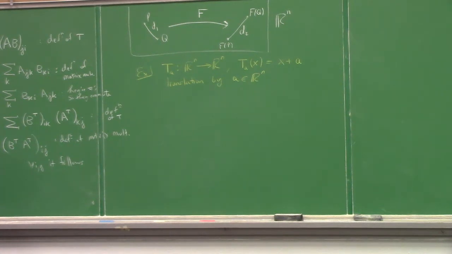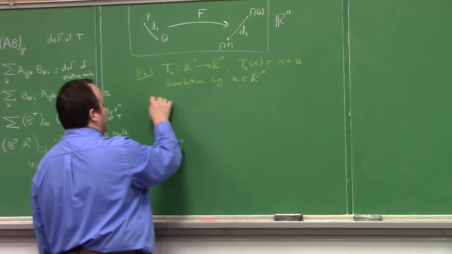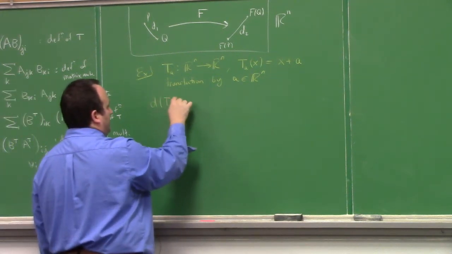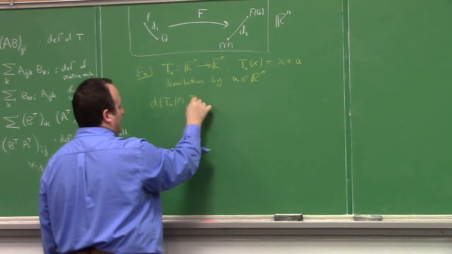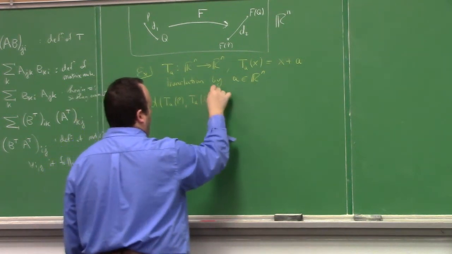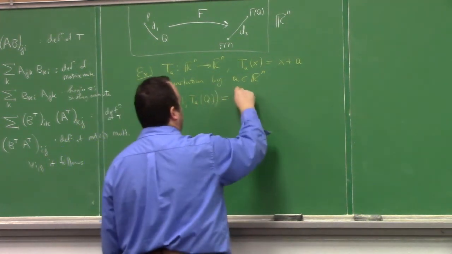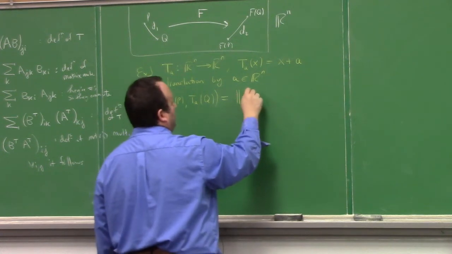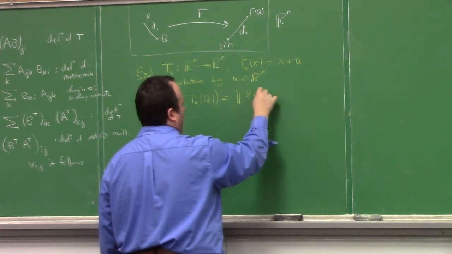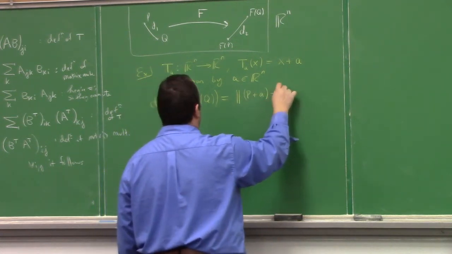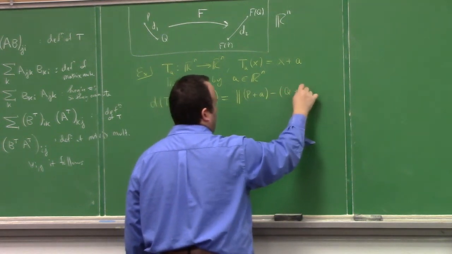I mean, a translation is an isometry, right? We can easily check it. Distance between TA of P and TA of Q. I'll use the norm because it's easiest. So we've got P plus A minus Q plus A. See what happens?